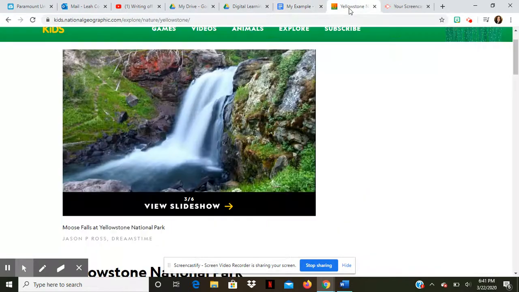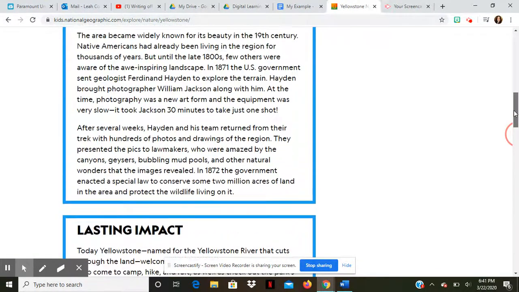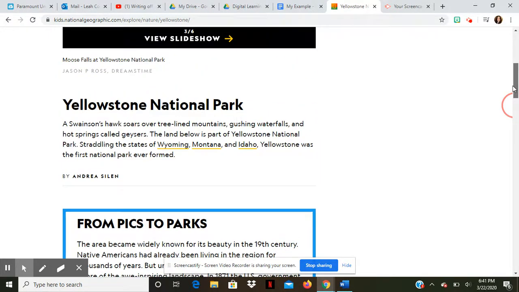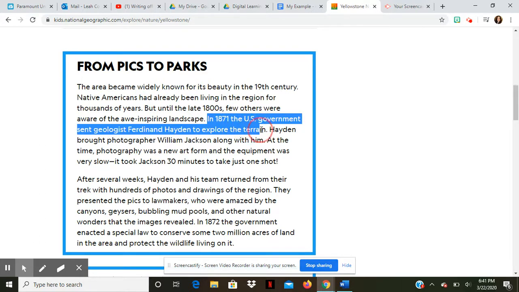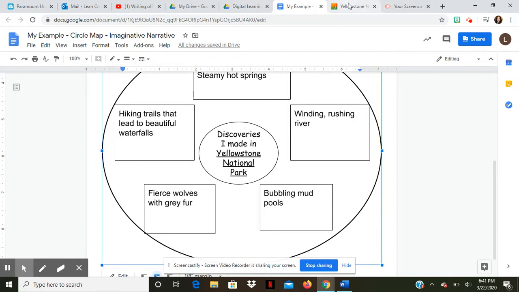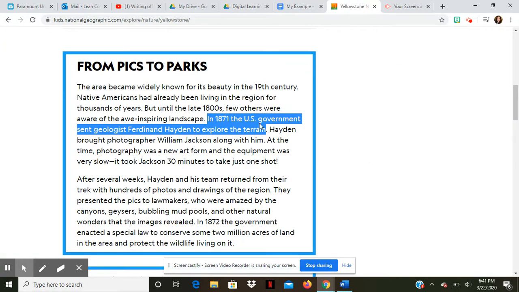Now, last thing, you guys, what I remember was when we were doing this, some of you were writing down facts. That would definitely be more for an informative writing rather than an imaginative narrative. Like, for example, right here, a discovery that I made in Yellowstone National Park was in 1871, the US government sent geologist Ferdinand Hayden to explore the terrain.